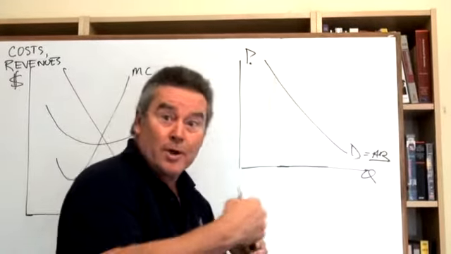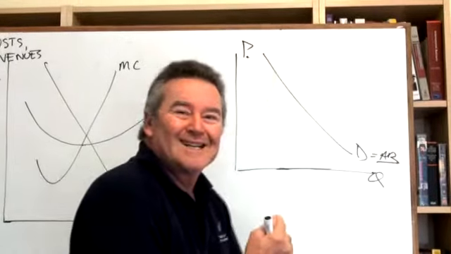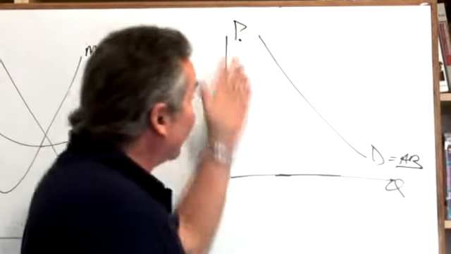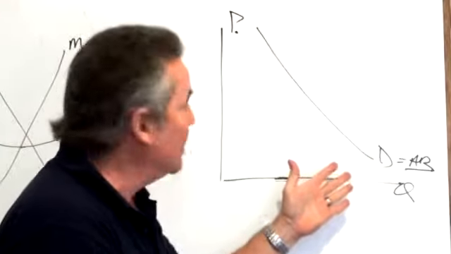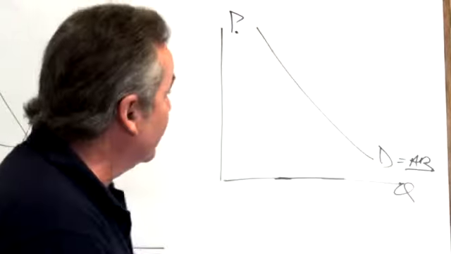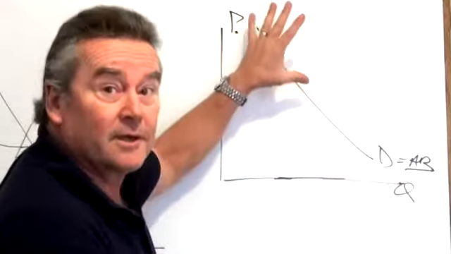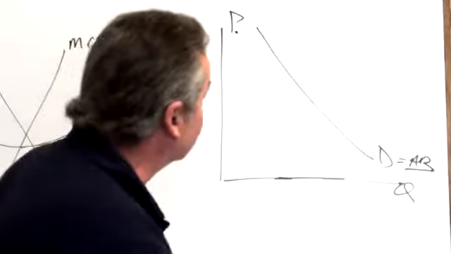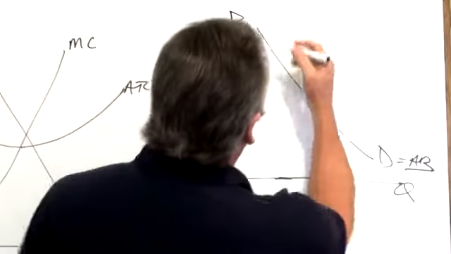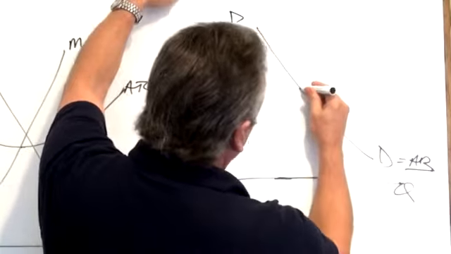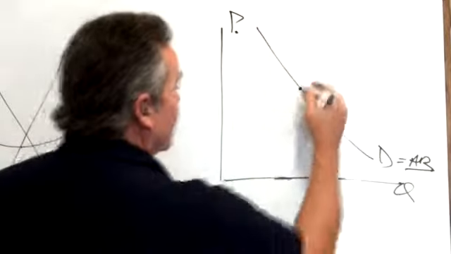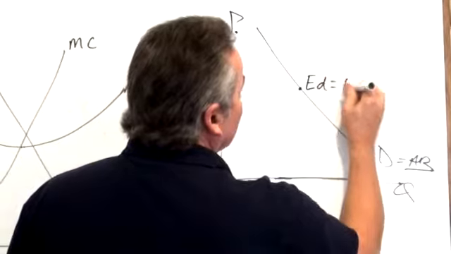Let's go back to our knowledge of some factors affecting price elasticity and our knowledge of the fact that along our demand curve, elasticity does vary. Remember that above the midpoint, demand is price elastic, below the midpoint, demand is price inelastic. But importantly here, at the midpoint, so let's pick our midpoint, elasticity is unitary. So we would say that ED equals 1.0.